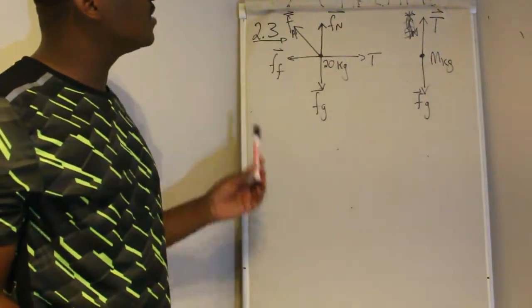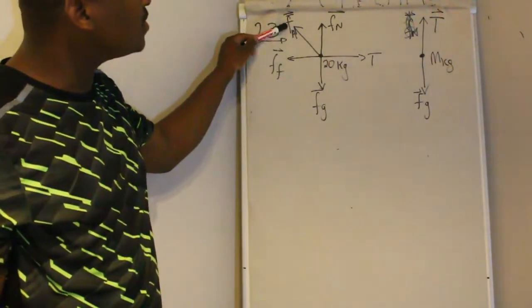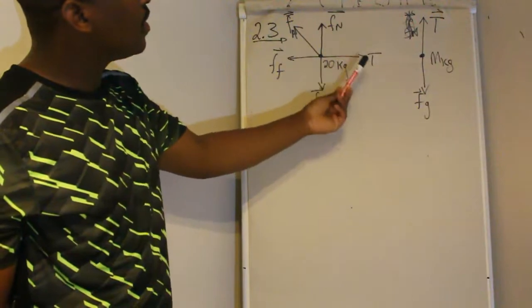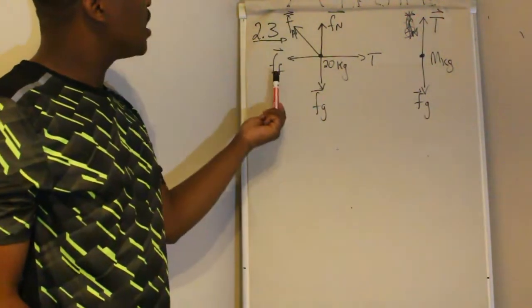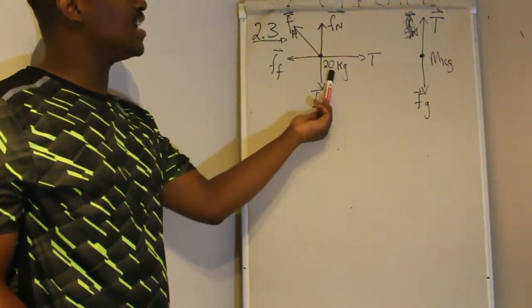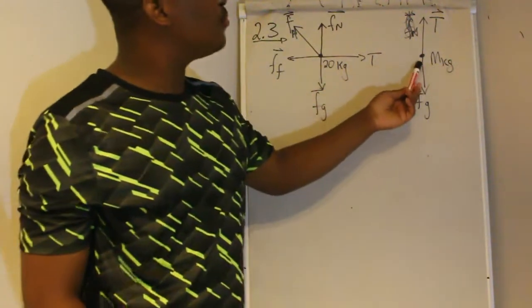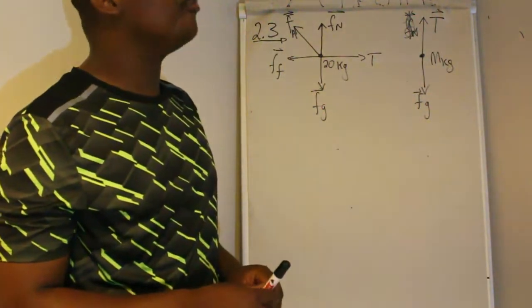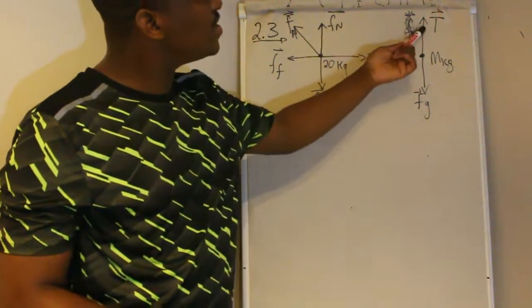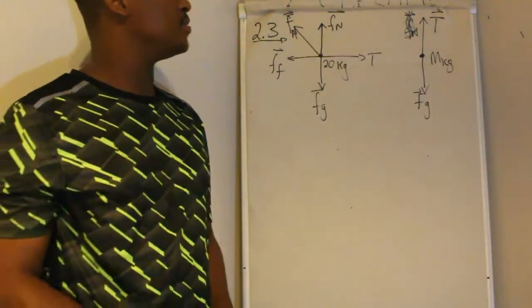So I've redrawn this free body diagram. This is the applied force, the normal force, the tension force, the force of gravity or weight, and the frictional force on the 20 kg block. Here's the free body diagram for block M, blocks P and Q. This is the tension force and this is the force of gravity.